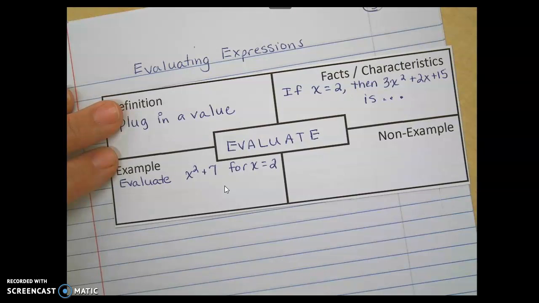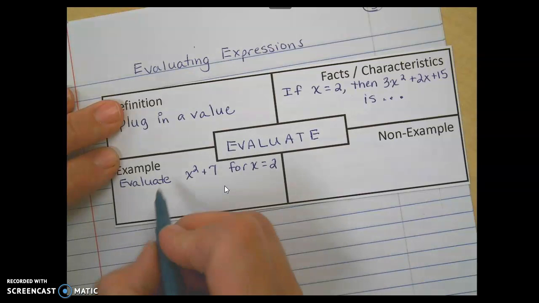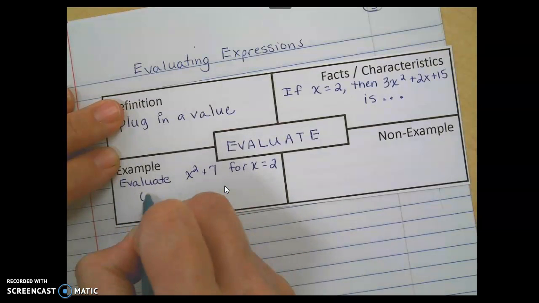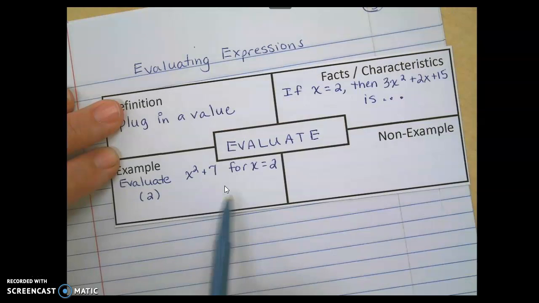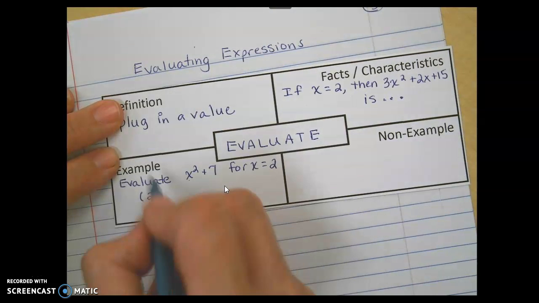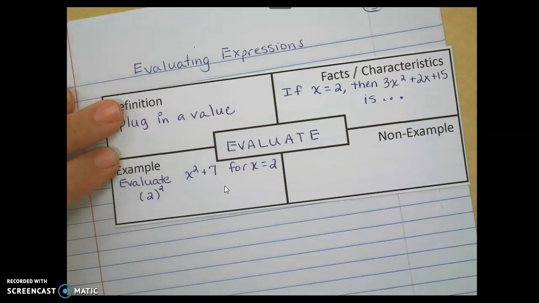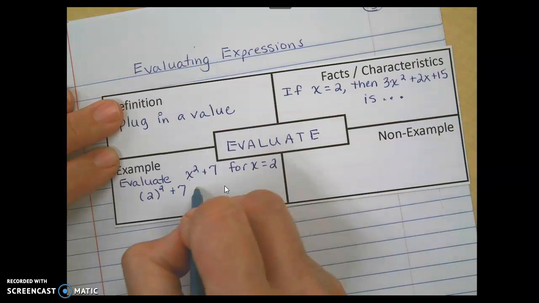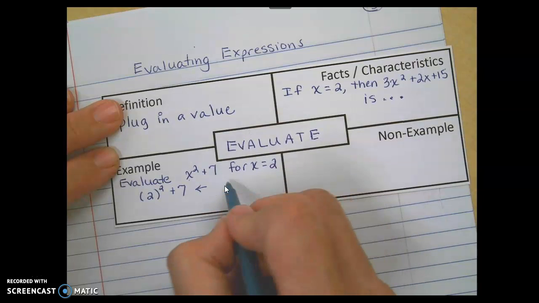So what this means, we are plugging in x equals 2 for every place there's an x. So for our replacement values, we always put them in parentheses. So I had x here, and now I'm putting a 2 where there's x. Now I have to put plus 7. So in this step, we just plugged in.